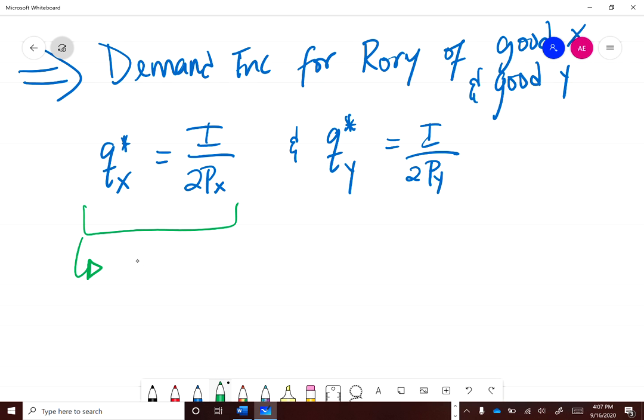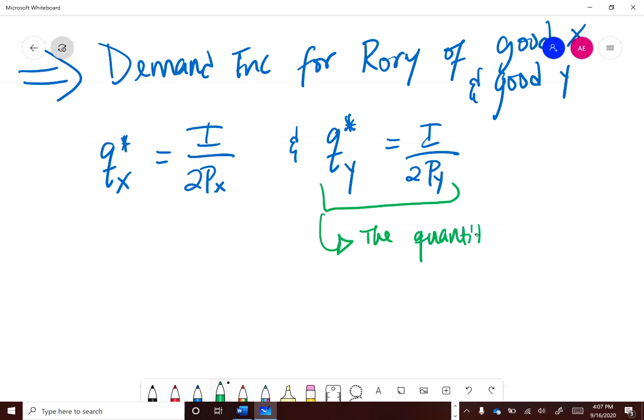We've already done X, so let's do Y. This is the quantity of good Y demanded as a function of I and P of Y. Specifically, this is how they relate to each other to find our optimal demand, or consumption choice, for Rory.